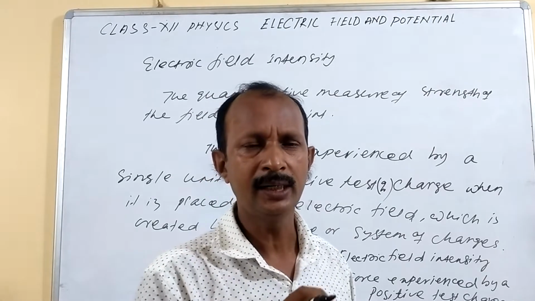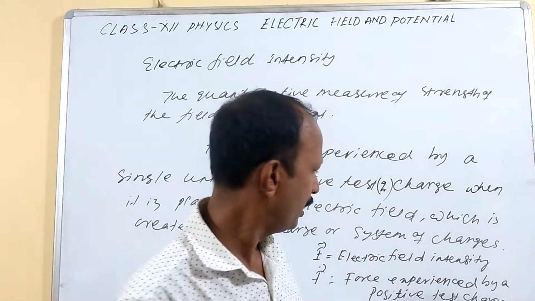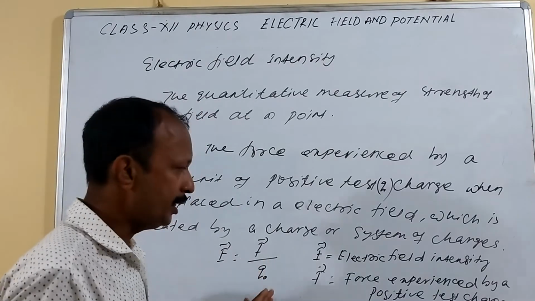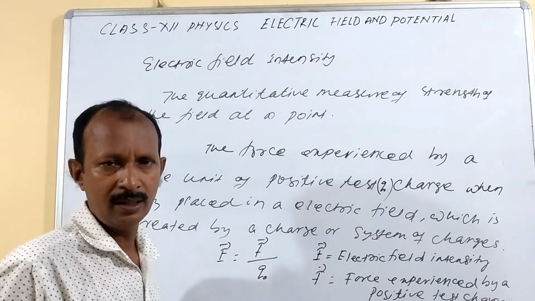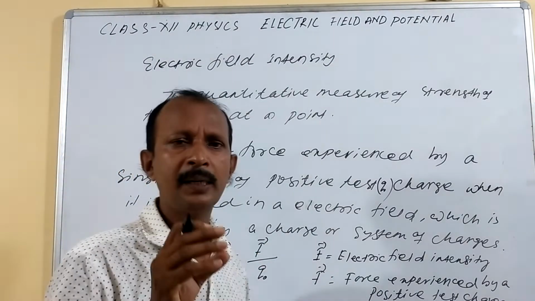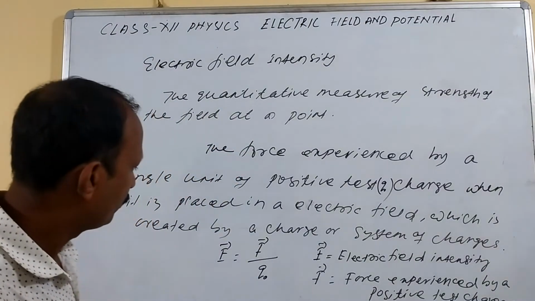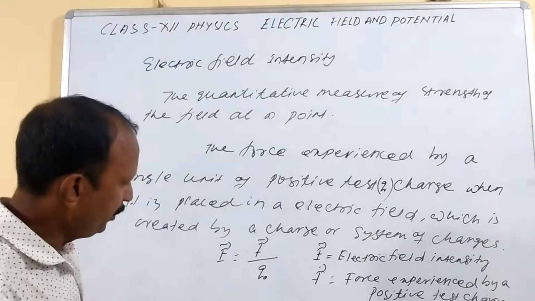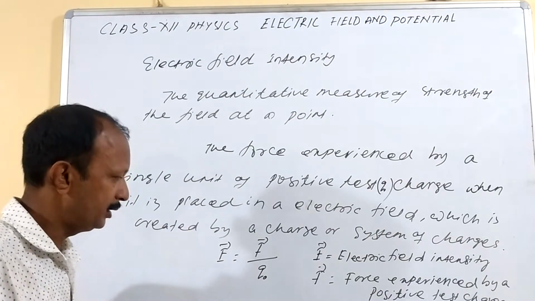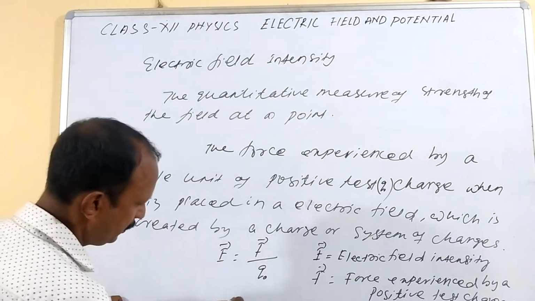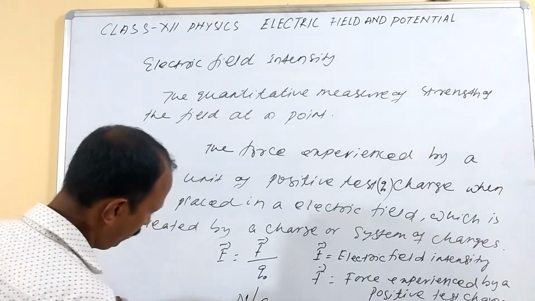So we can say electric field has direction as well as magnitude. What is the SI unit of electric field? Its unit is Newton per Coulomb.